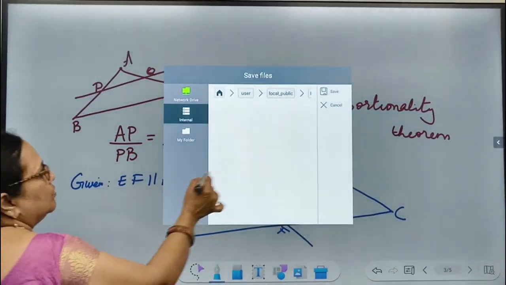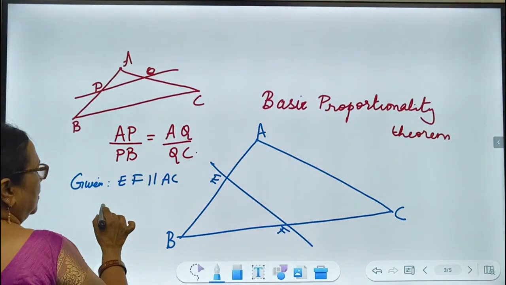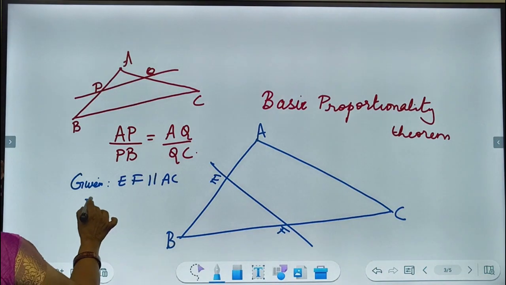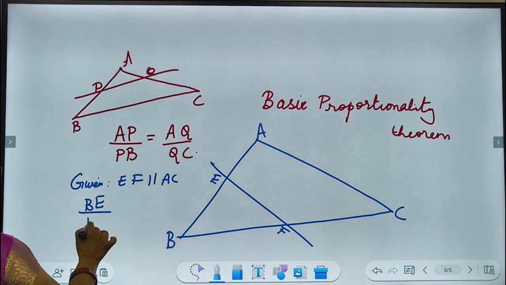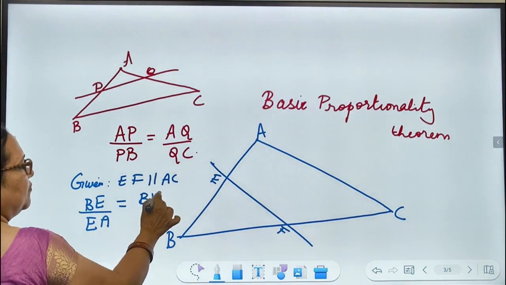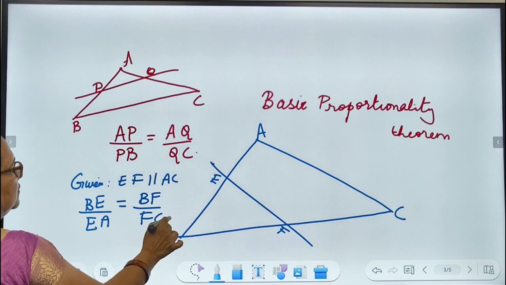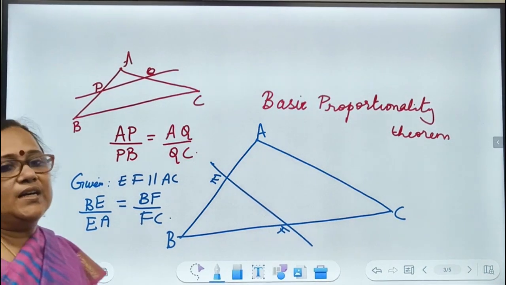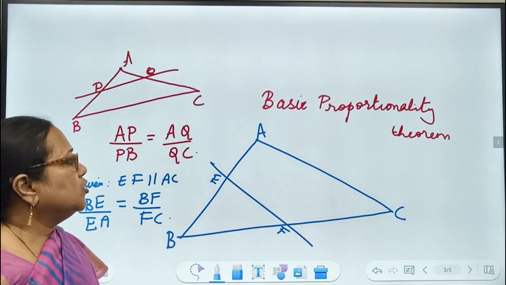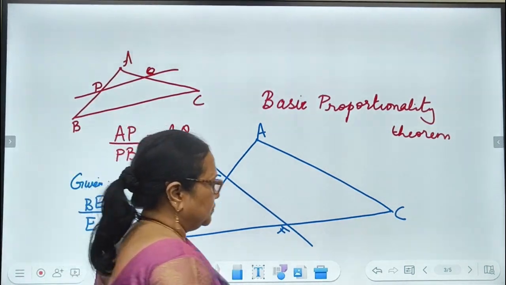What is the ratio? If this is parallel to AC, BE by EA is equal to BF by FC. This result is called the basic proportionality theorem. So now we will see how to prove it.